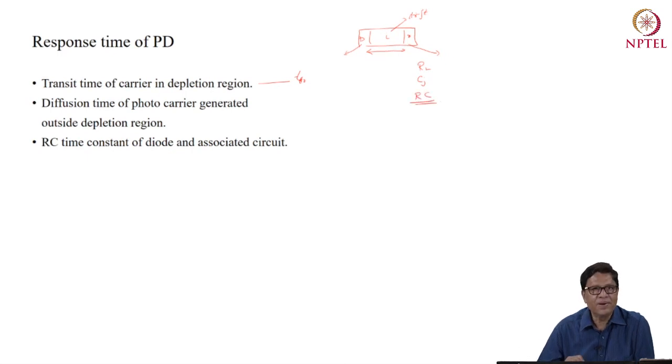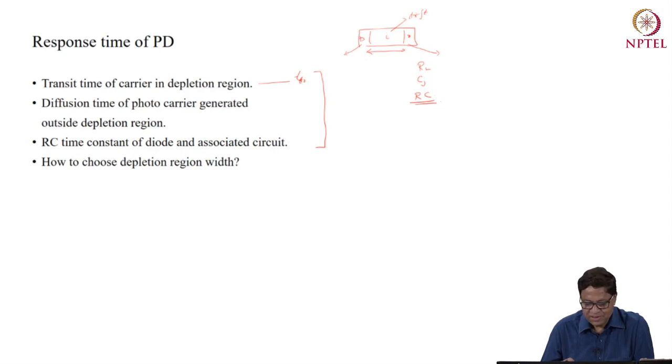So basically it also depends on this, because ultimately I have to see the response time of the whole device, not just the photodiode. It is a receiver part. So the RC time constant of the diode and the associated circuit. So these are the three things which will dictate your response time: the transit time in the depletion region, the I region, and the diffusion component which is there in the P and N region, and the associated circuit and the RC time constant of the photodiode.